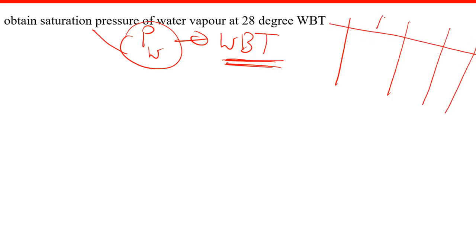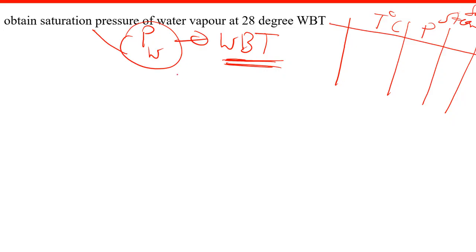Which steam table? The one based on temperature, where temperature in degree centigrade is written along with the partial pressure of the vapor, for saturated steam, based on temperature, not based on pressure.